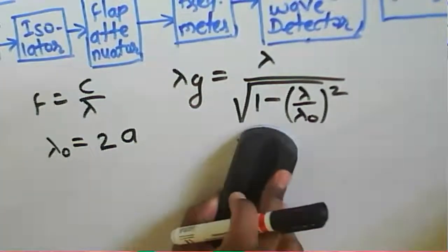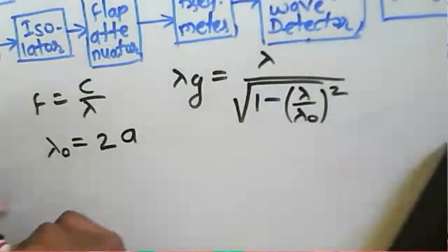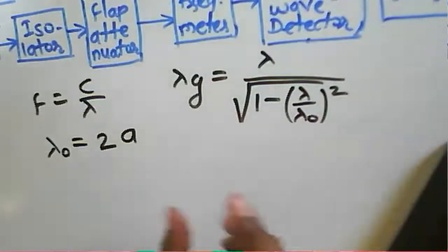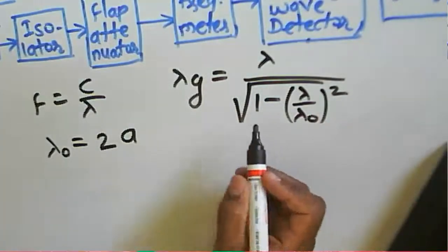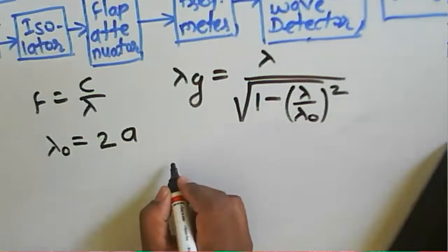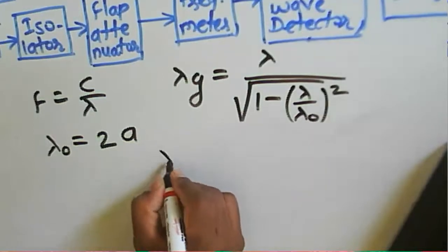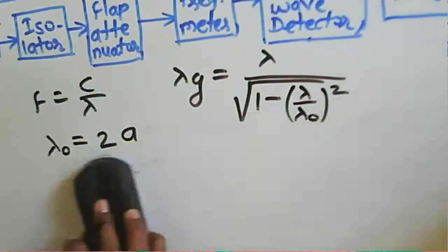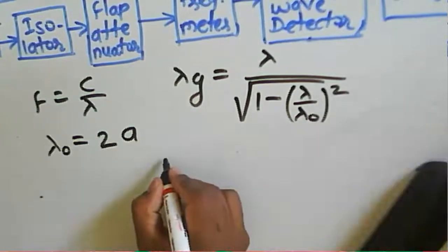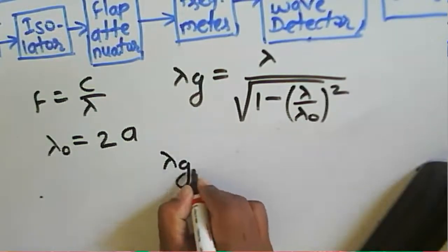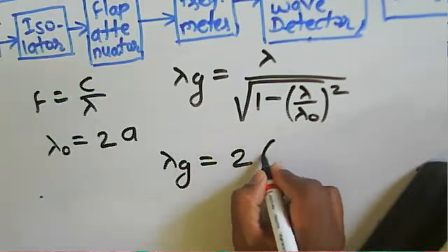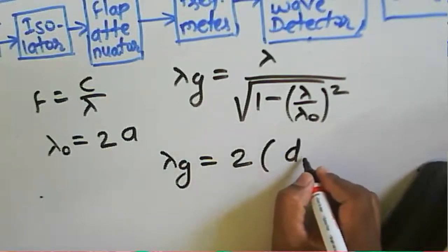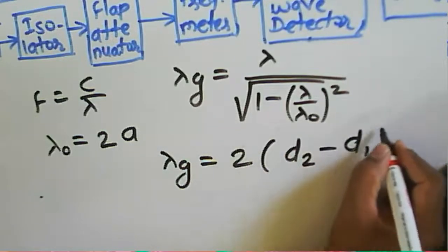On the slotted section probe carrier, there is a vernier scale. So we need to measure the minimum distance. So lambda g is equal to what? Twice (d2 minus d1).